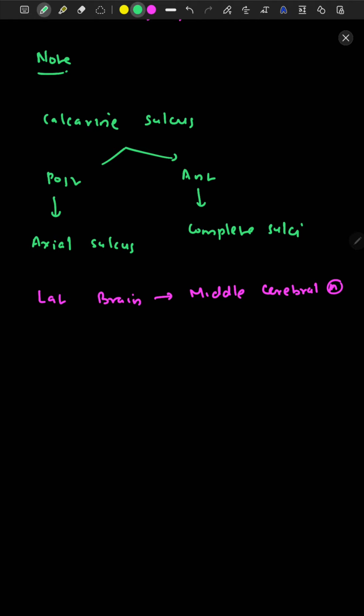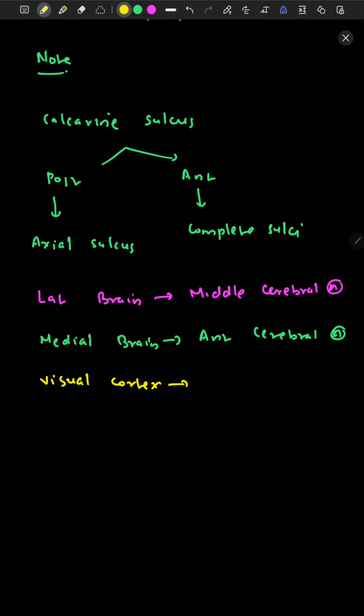Most of the medial part of the brain is supplied by the anterior cerebral artery, and the visual cortex is supplied by the posterior cerebral artery.